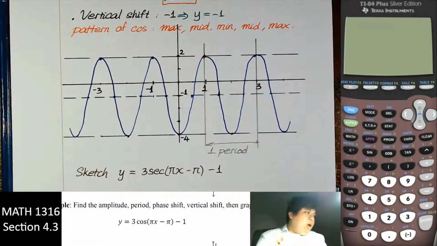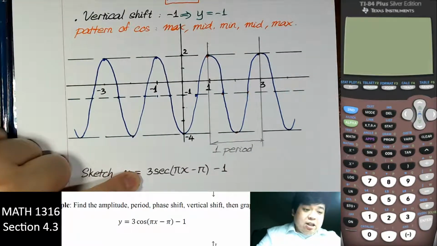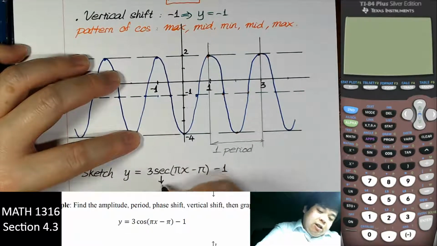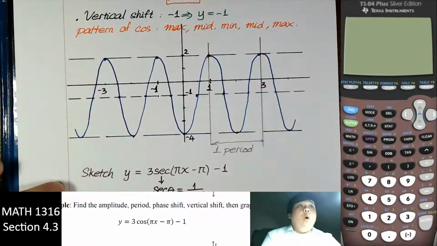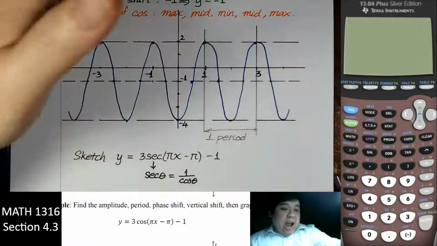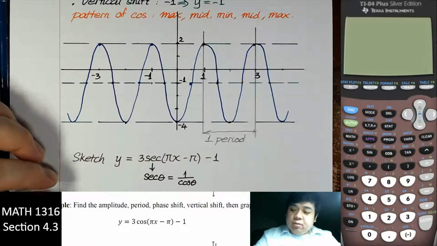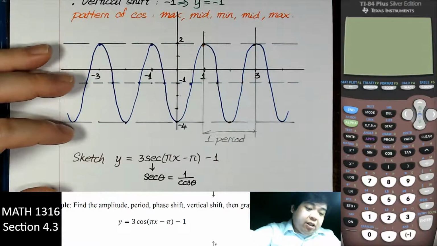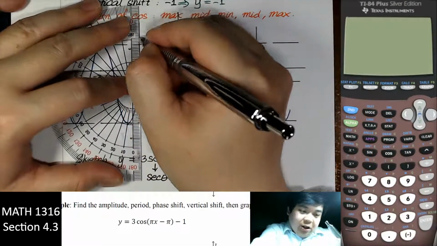The only thing that changes from that function to this function is that we go from cosine to secant. But notice that secant is the reciprocal of cosine. So everything we sketch is exactly the same, but the graph of the secant is going to be different. The only difference is where the cosine is equal to 0, there's a vertical asymptote.